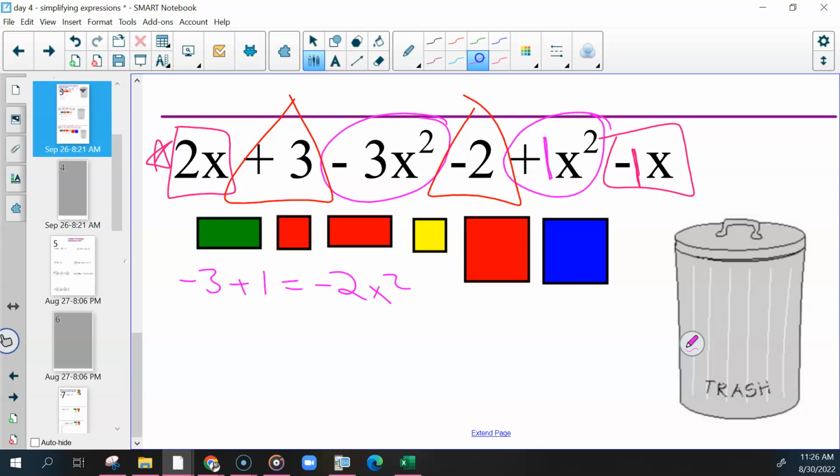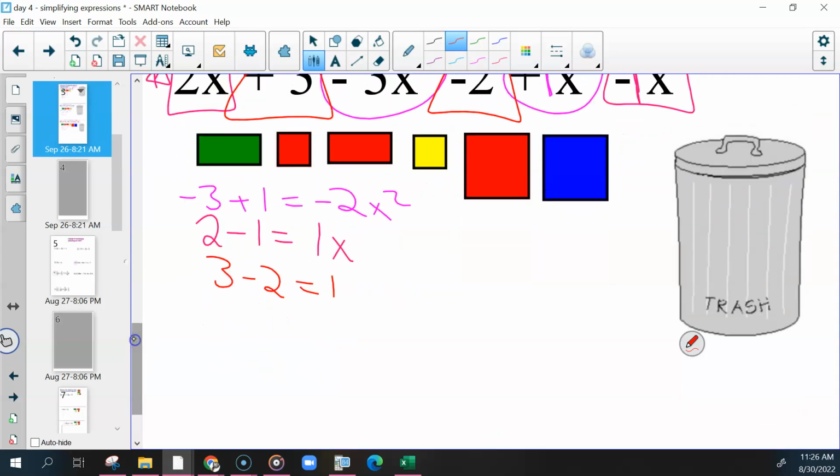2x minus 1x will give us how many x's? 1x. And I'm going to go back and write it just so we have it up here. And then 3 minus 2 would also give us 1. So we're putting everything all together.